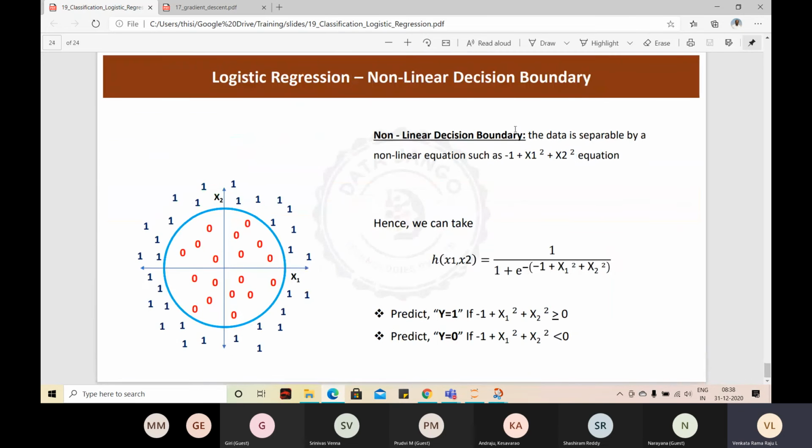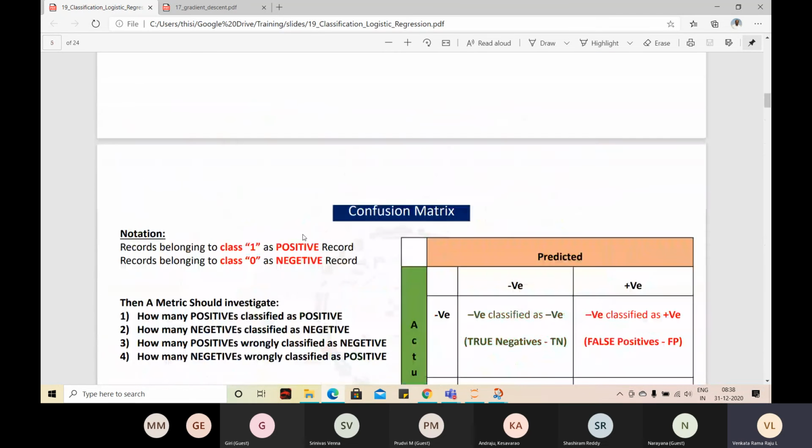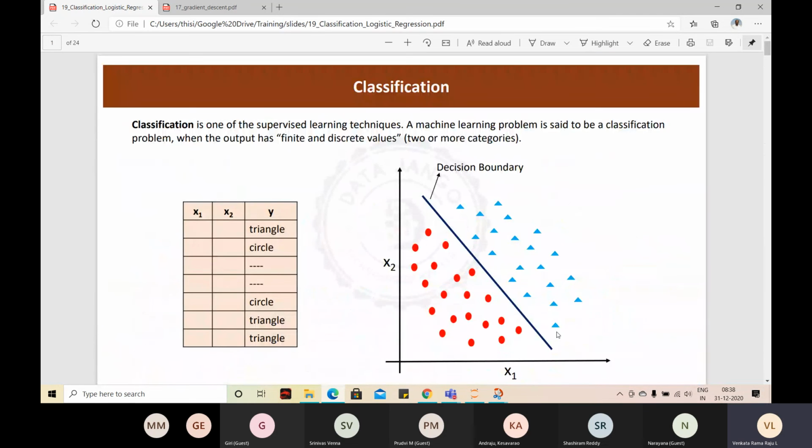Okay, good. So logistic regression can be used to do a nonlinear decision boundary also, right? If you look at this, it is a linear decision boundary, okay? Because the data is like that, a linear decision boundary will suffice, and it will actually make predictions correctly.